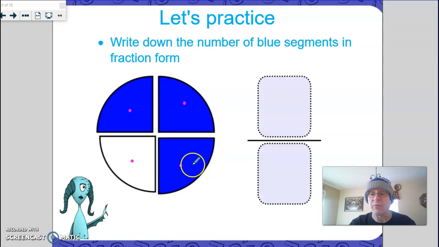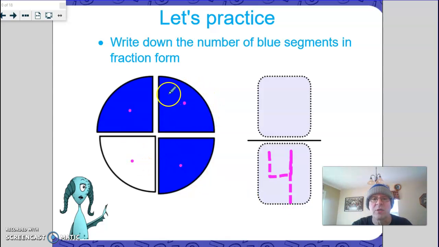So this is an actual fraction. It takes 4 of those little segments to make the whole circle. But how many of them are colored in blue? Only 3 of those pieces are blue. So 3 of the 4 are blue. It takes 4 to make the whole thing.